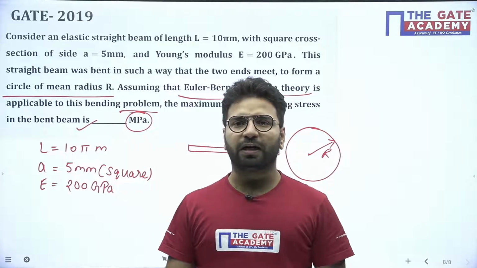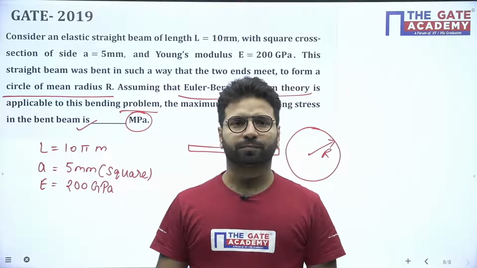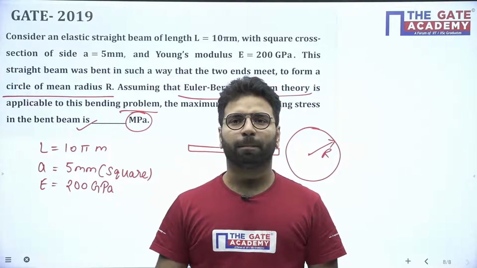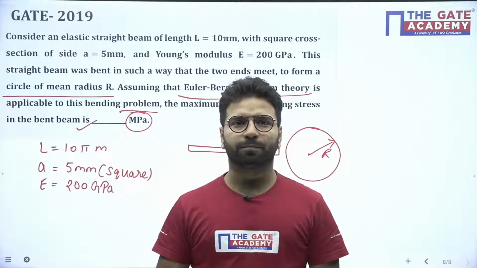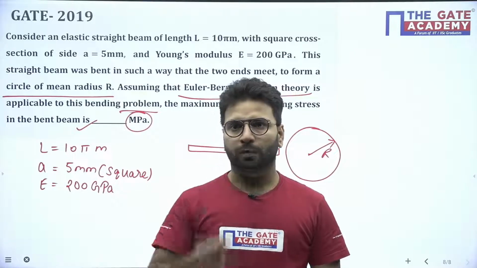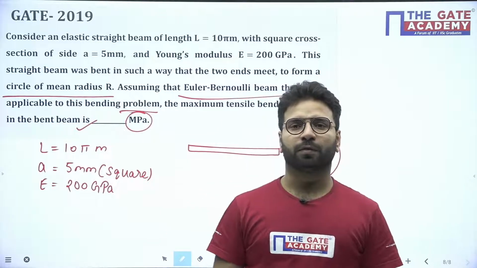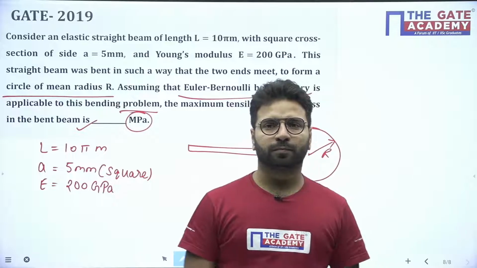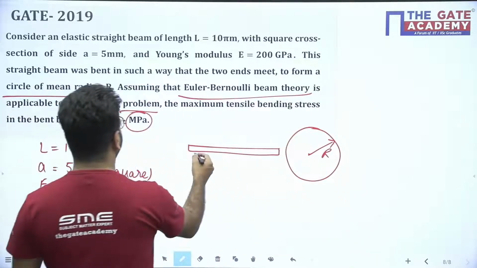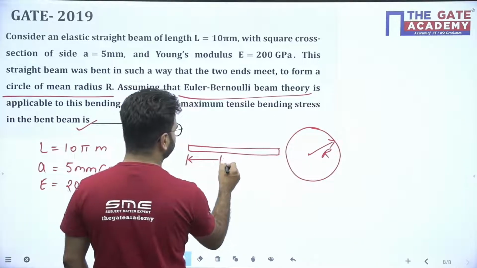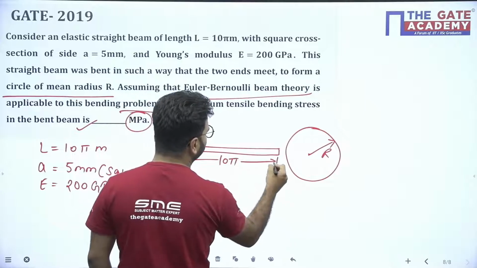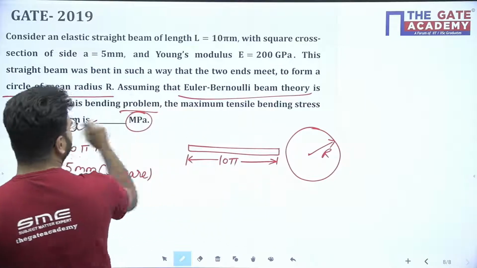All of you try fast. Length is given to you, 10π. Now what we have to find is sigma, the bending stress.